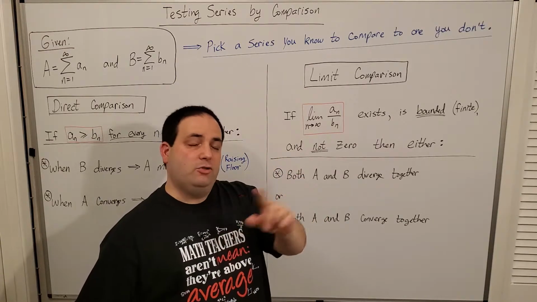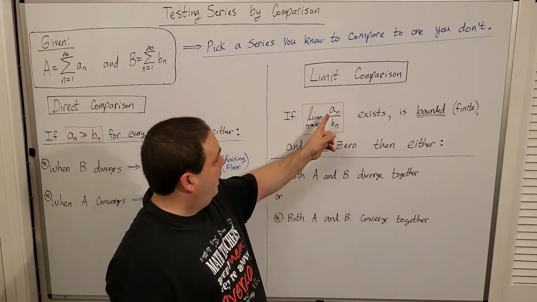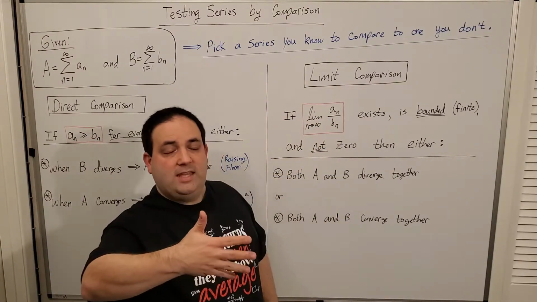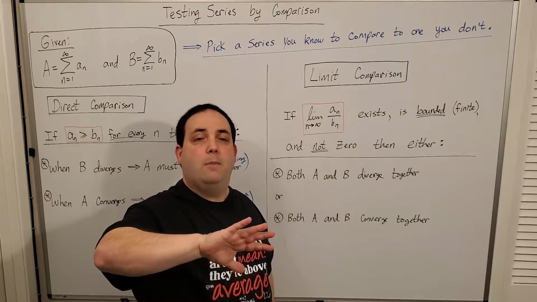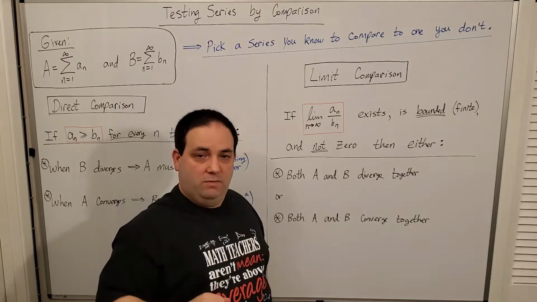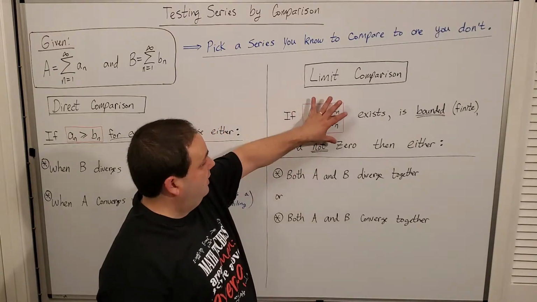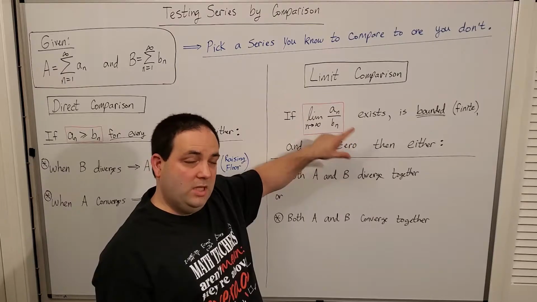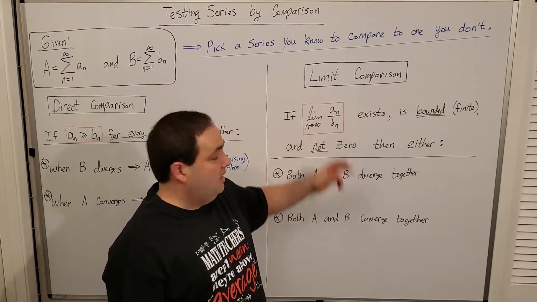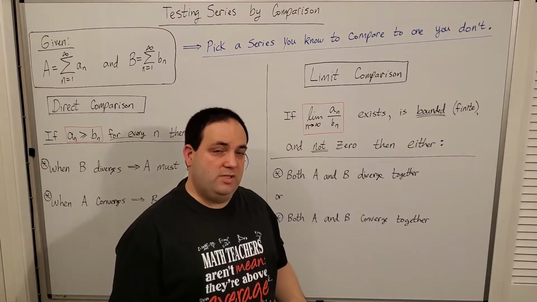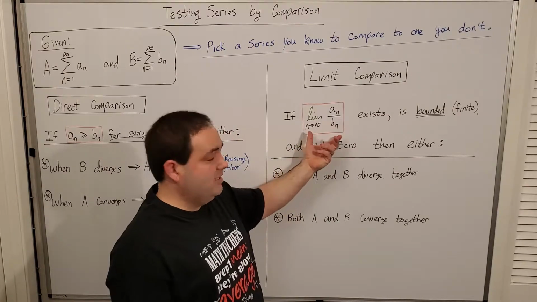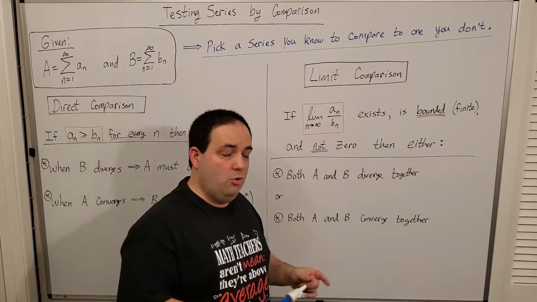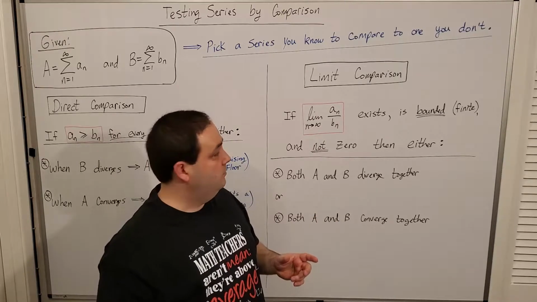It doesn't say converge or diverge yet, okay? This limit is basically like a yes or a no. Yes, they can be compared. No, they cannot be compared effectively, okay? Don't think of this as the answer yet. This is the calculation that you have to do in the limit comparison, because the limit compares the two series. But all this is going to tell you is yes or no, you can compare these? No, you cannot compare these. One or the other, okay?